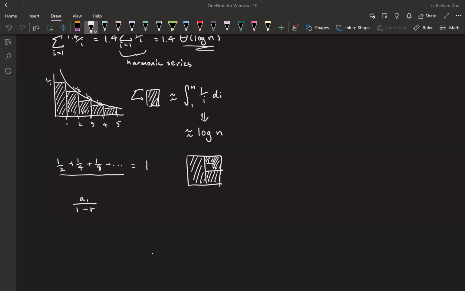Multiple choice Q6. Let's take a look. Okay, so consider the following recursive algorithm for exploring a directed graph with n vertices and m edges.